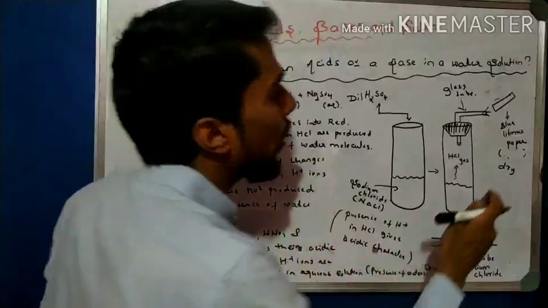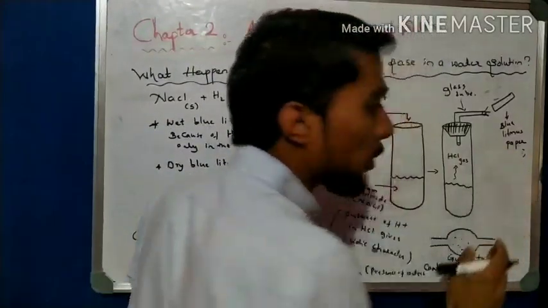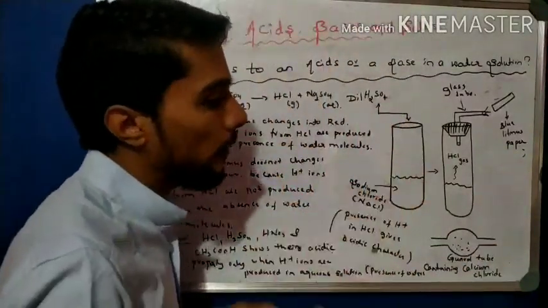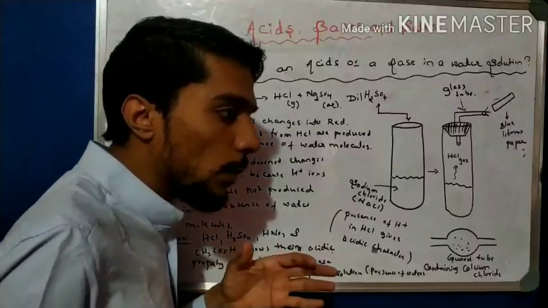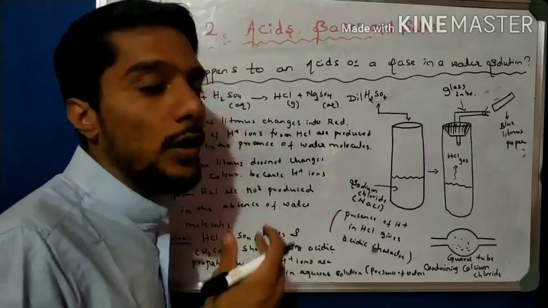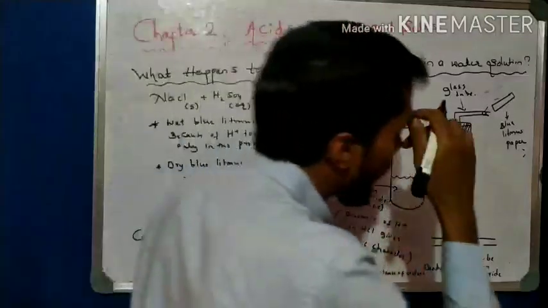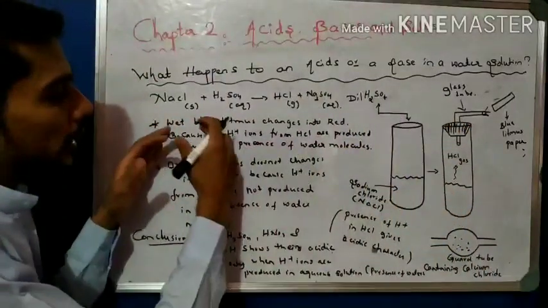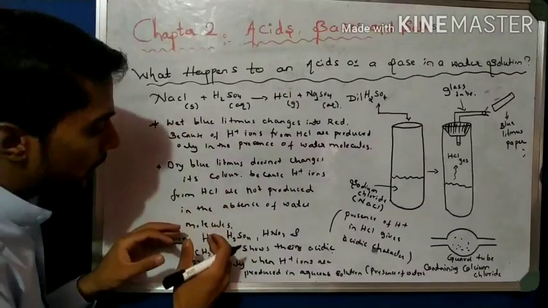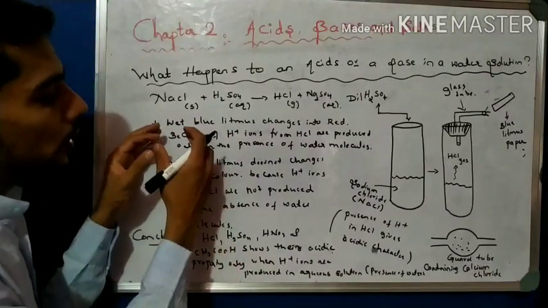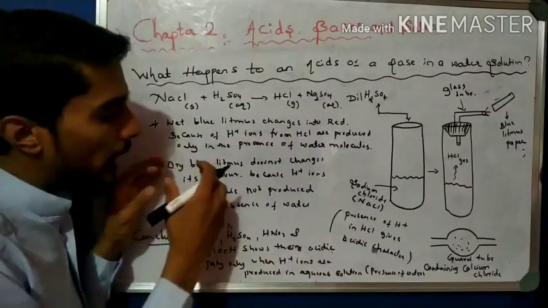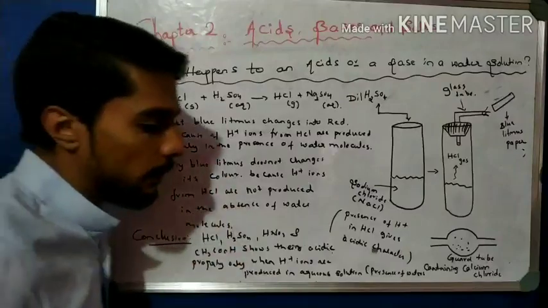In cold climates the concentration of water droplets in the atmosphere is higher, so in that case we have to take the dry gas. So now, in the place of wet and dry, I can take HCl solution and dry HCl gas, right?